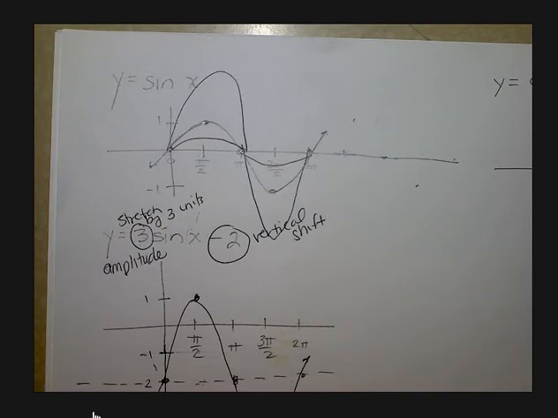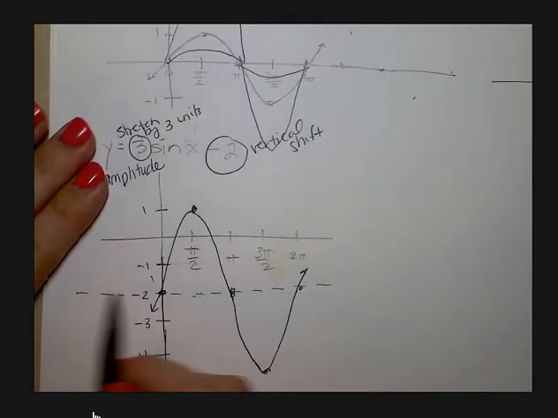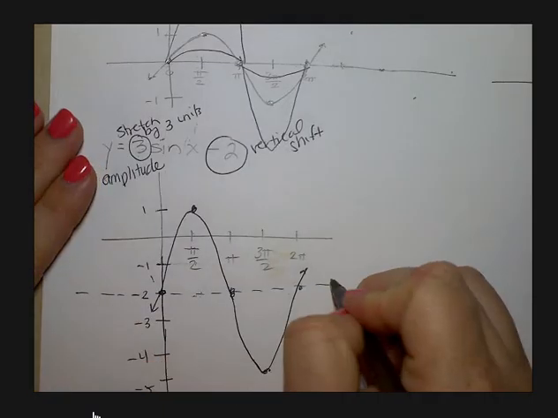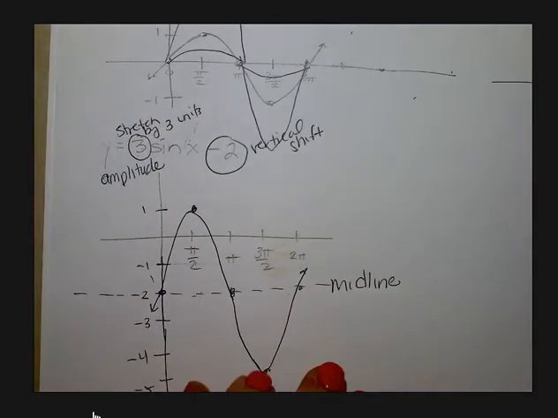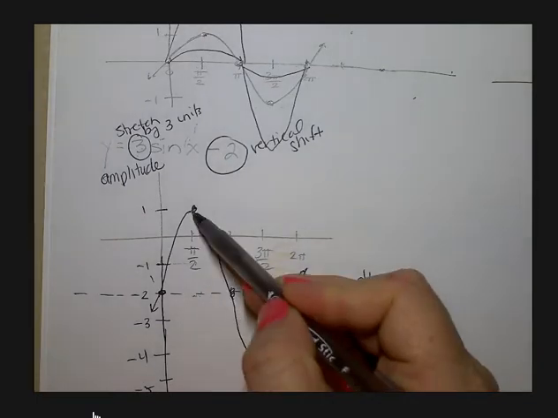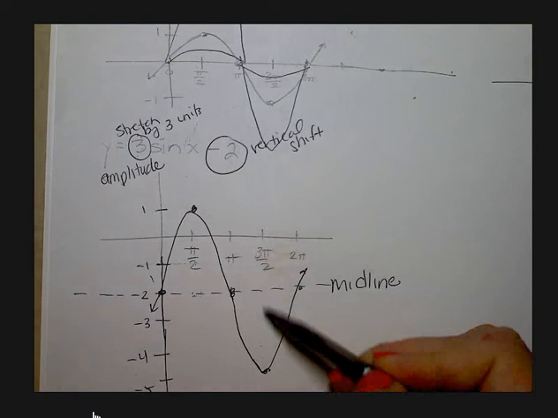And an amplitude describes how far away from the midline, write the word midline, how far away from the midline you're going to go. So this extends 3 units away from the midline, a maximum of 3 units away.